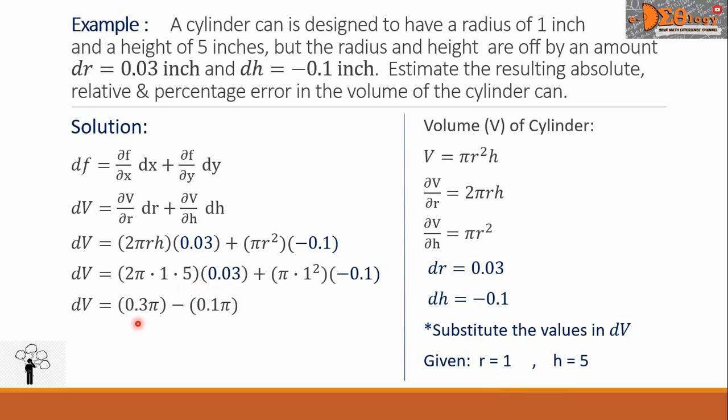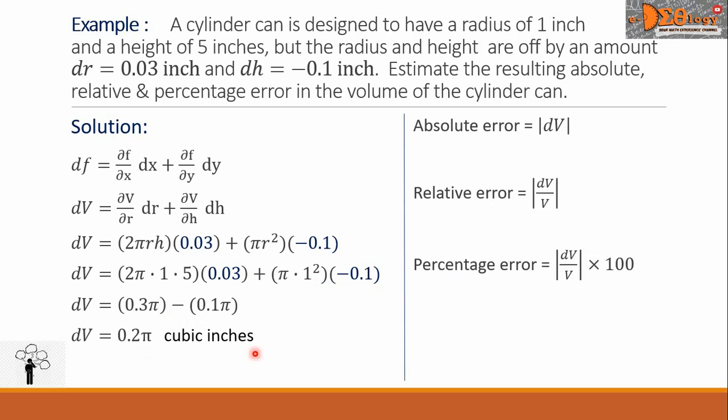We will get 0.3 pi minus the second group, pi times 1 squared times negative 0.1. So the product will be negative 0.1 pi. The difference will be dV, and that is 0.2 pi. Units will be cubic inches.